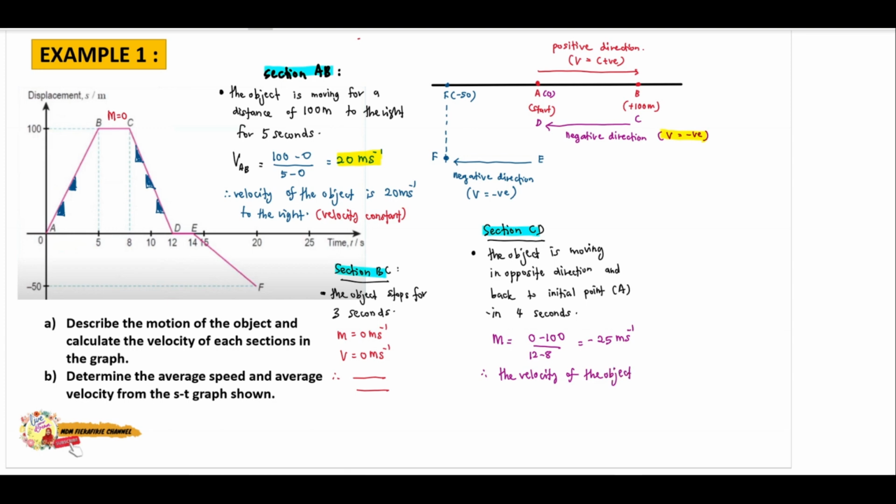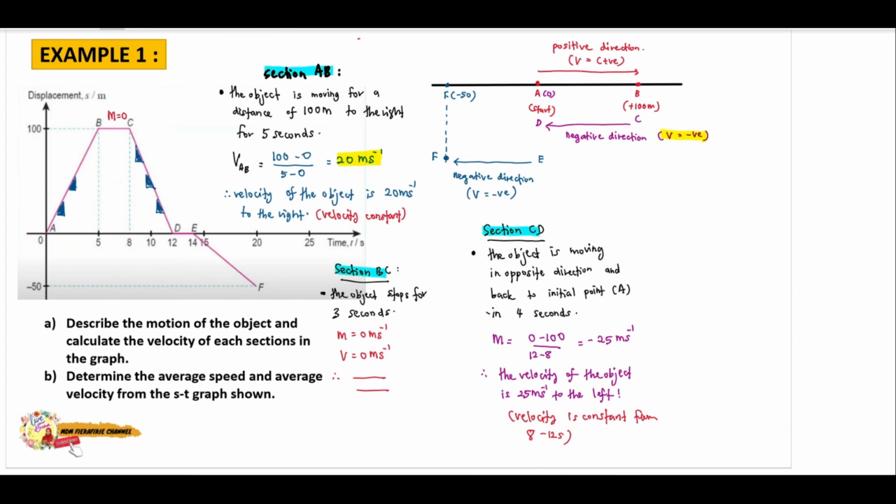The velocity of the object is 25 meter per second and the direction is to the left. Okay, and remember that the velocity is constant from 8 to 12 seconds.